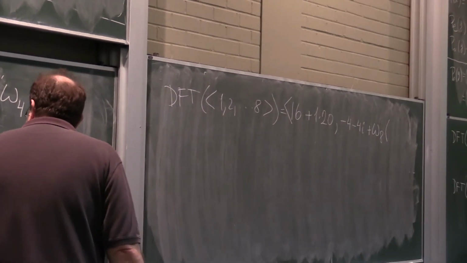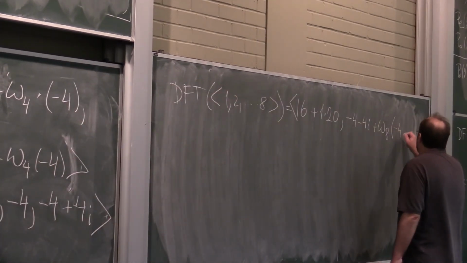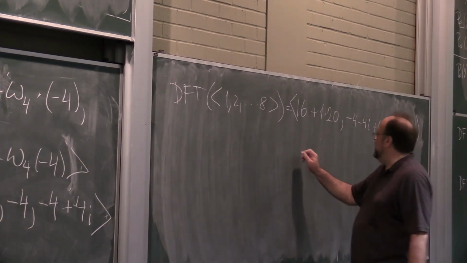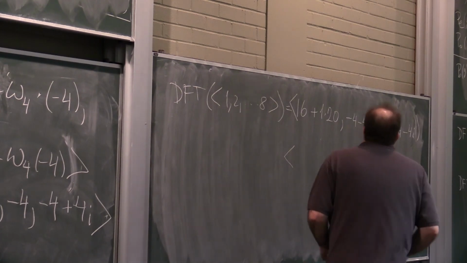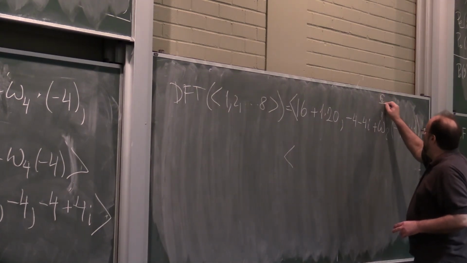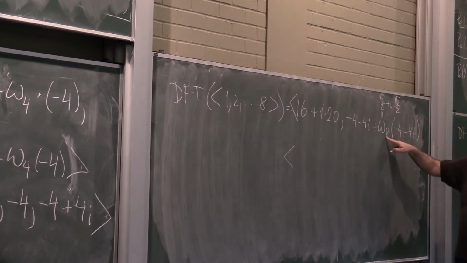It's again minus 4i. Right? Then you will have, what is omega 8? We know what this is. This is square root 2 over 2 plus i times square root 2 over 2, right?